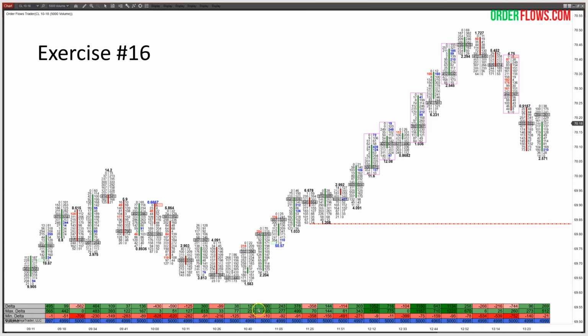But to me, this is the giveaway right in here. But like I said before in the earlier lessons, oftentimes there's nothing in the sense of direction, or nothing in the sense of delta giving you something solid to trade off of. But then all the pieces to the puzzle just sort of line up.